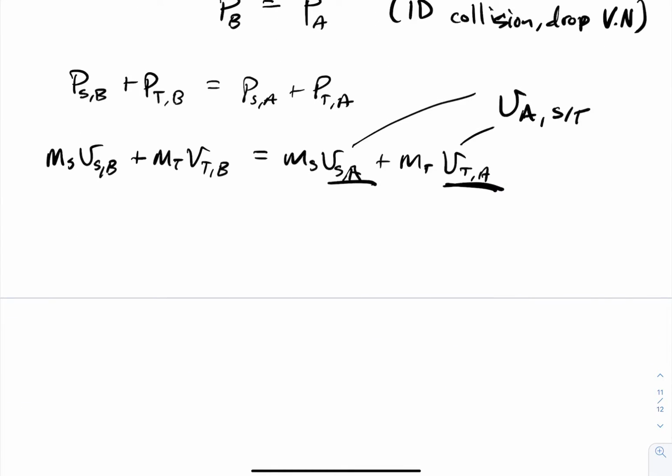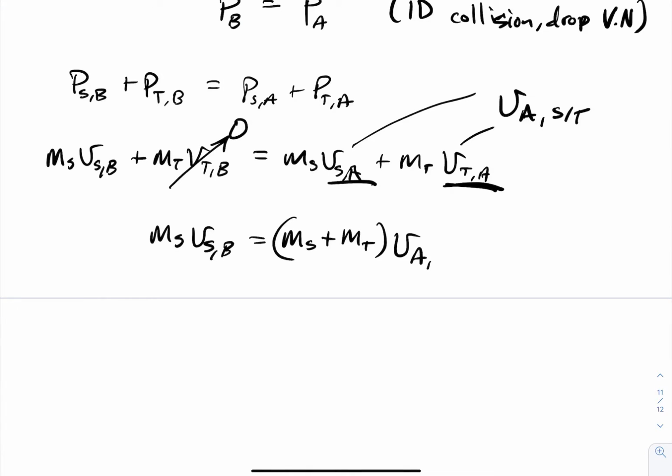So I'm going to factor that like variable out. I'm also going to get rid of any zeros we have, which would be the velocity of the tire before. So now we have mass of the Smoot times velocity of Smoot before equals mass of Smoot plus mass of tire times the velocity after for Smoot and the tire, because they're moving at the same rate.